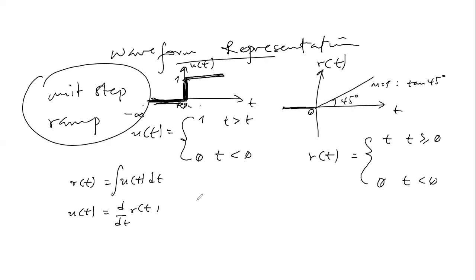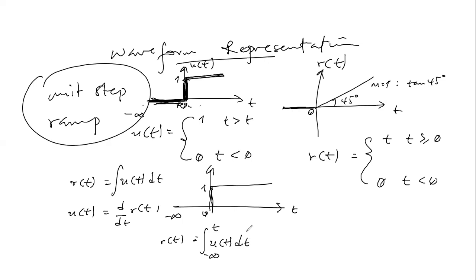So let us try something out. Let's play with this. So we have a signal, so this is 1, from negative infinity to some time t. Now, to get the ramp function, we want to integrate this unit step function. So r of t is the same as the integral from negative infinity to t of u of t dt.